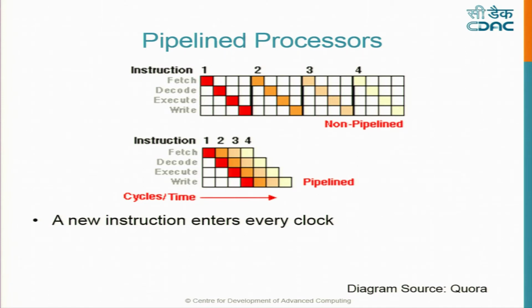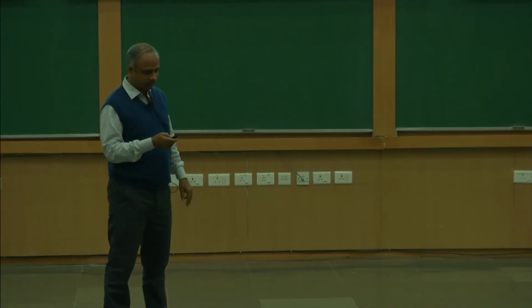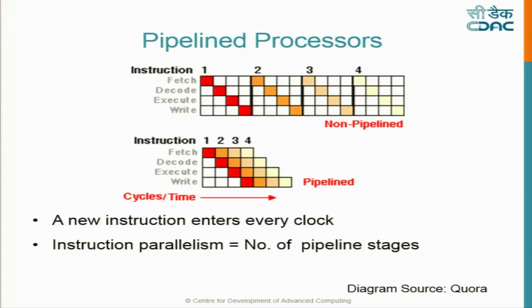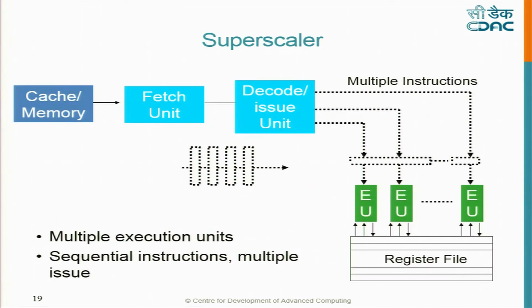A bubble in the pipeline will come if there is a branch instruction. Today, as you said, every processor is pipelined, and now it's not 4 stages but 10, 12, whatever the case may be. So that is instruction parallelism, the number of parallel stages.